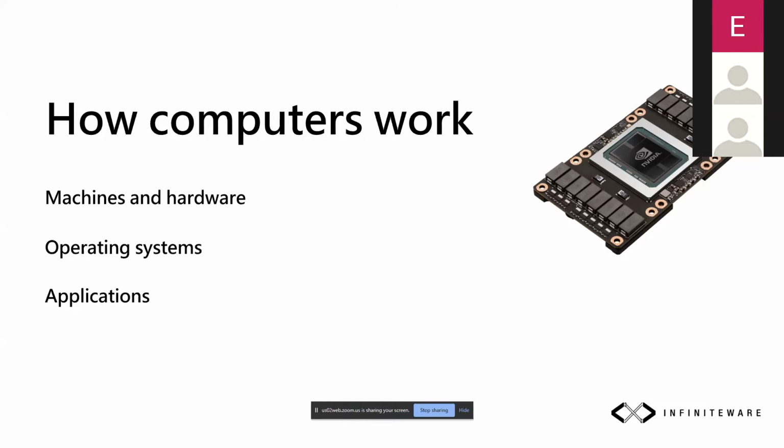So the more you know about the hardware, the better. We've seen a lot of attacks happening lately that target the hardware, like Spectre and the other one, Meltdown. So it doesn't really matter if you have an operating system that is well up to date if your hardware is flawed.